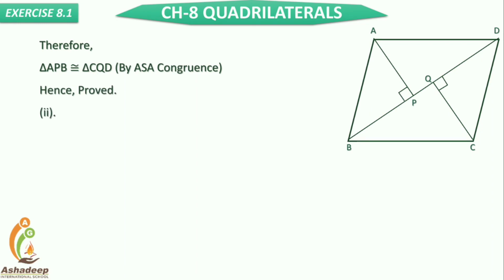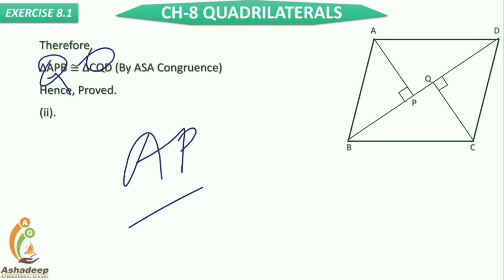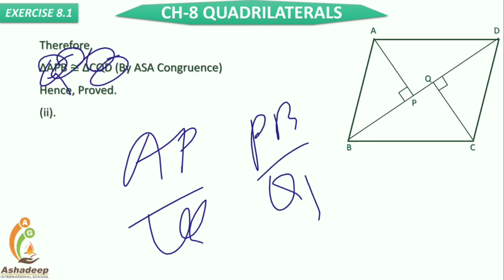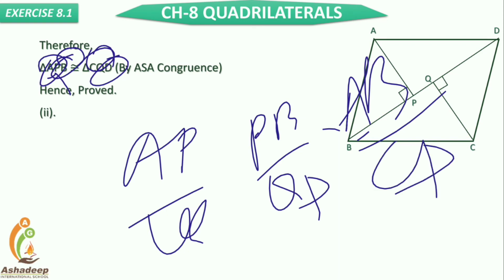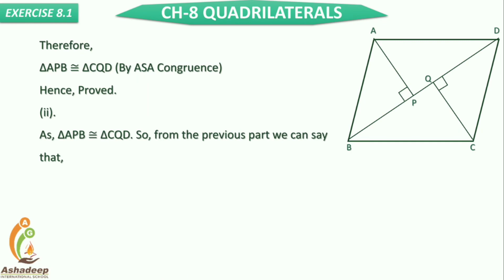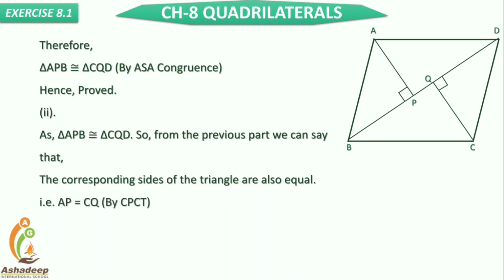So if they are congruent, what can we say? So hence we can say that they are congruent. So from the previous part we can say that corresponding sides are equal. So AP is equal to CQ and hence it is proved.